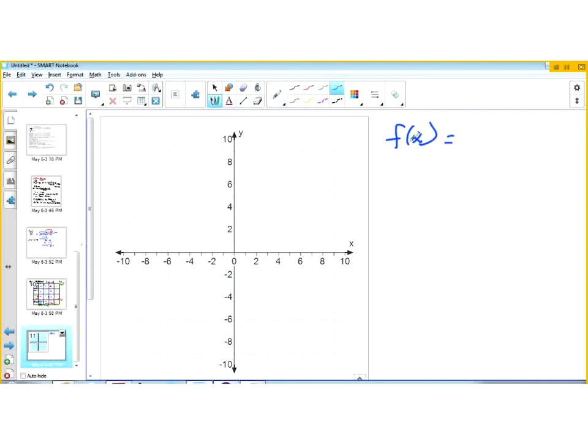Let's try blue. f of x is equal to, what was our function? x squared plus x minus 2 over x minus 3. All right, so we're going to sketch that using the results from the 6 steps.